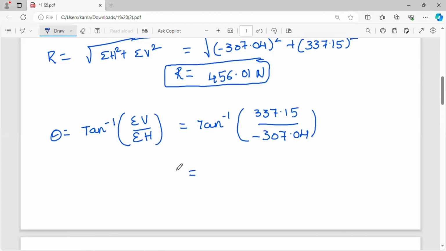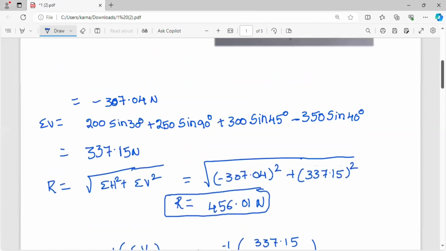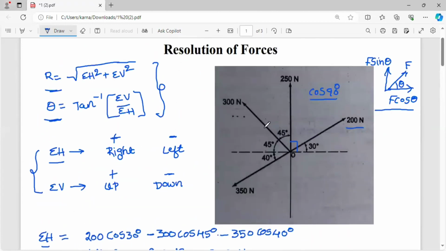By the simplification, we get theta equals tan inverse of 337.15 by minus 307.04, and we get minus 47.67 degrees, that is 47.67 degrees in the negative direction.